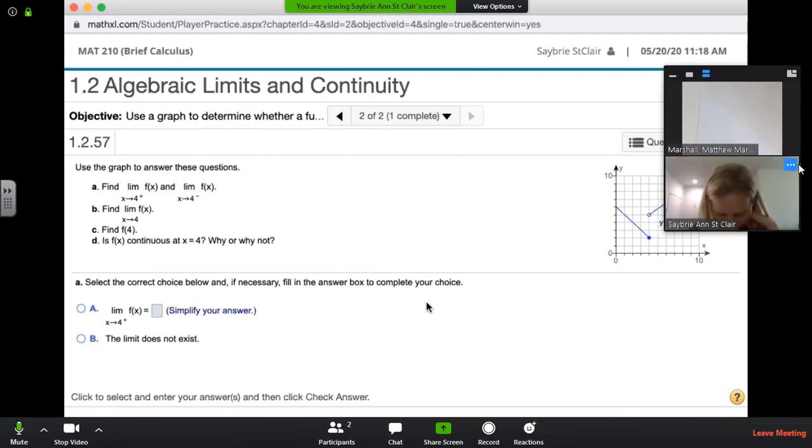So let's see. So this one, again, you're looking at the graph, the first one, A, approaching 4 from the right. So do you see what that y-axis number is?